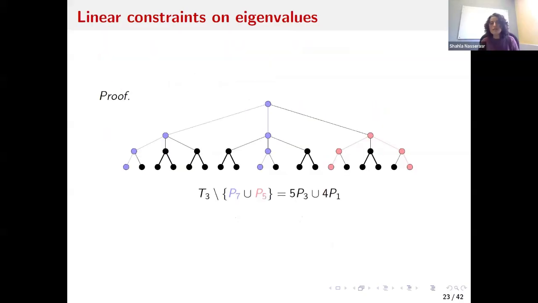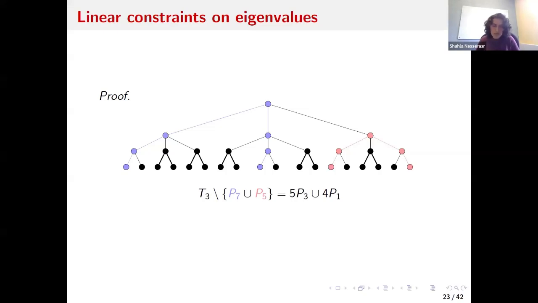Well, we are going to delete paths in different ways to give information about the entries of the matrix as well as eigenvalues. For now, let's just delete the blue and red paths, P7 and P5. I'm considering here T3. That means 3 P3s are hanging from each of the pendant vertices of the K1,3 tree.